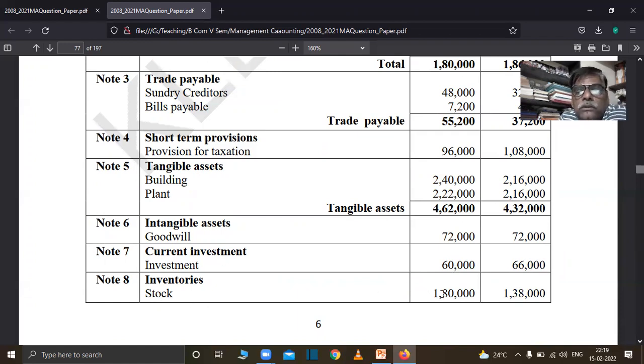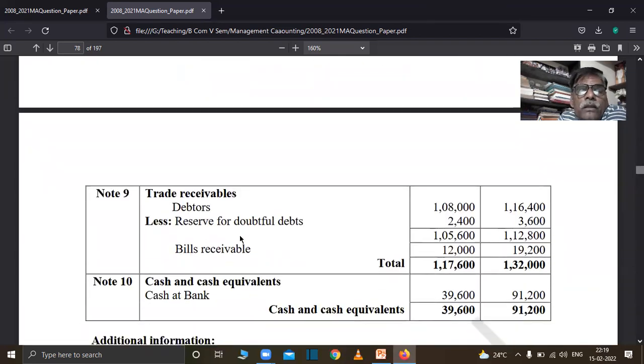Stock 1,80,000 to 1,38,000. Decrease is there. Decrease you take in the decrease column. Then debtors 1,08,000, 1,16,400. So I think 8,400 increase comes in the increase column.